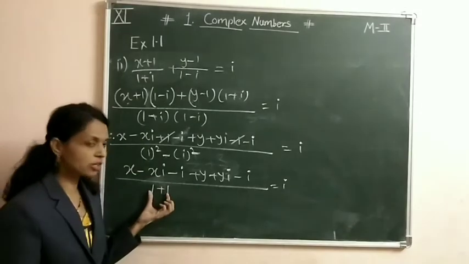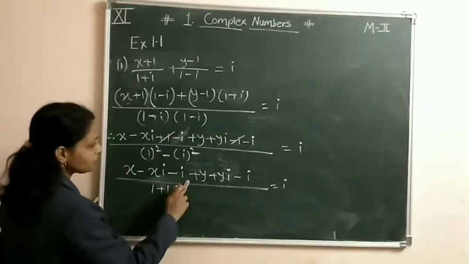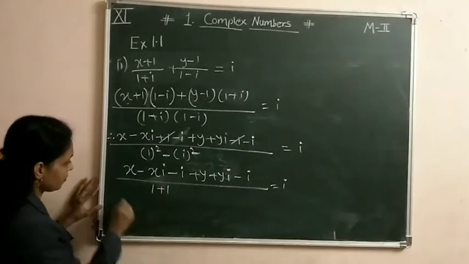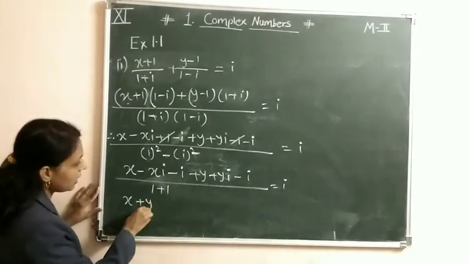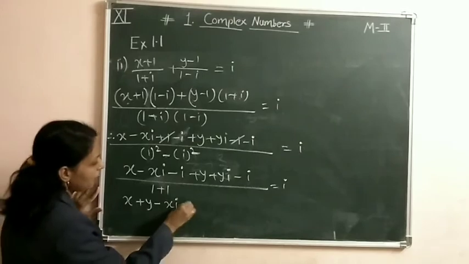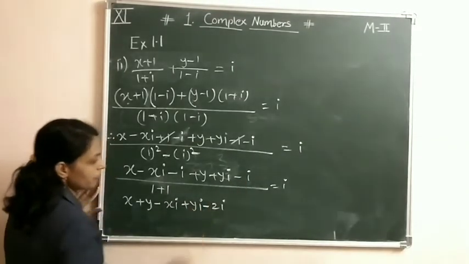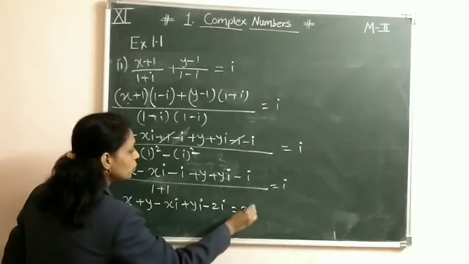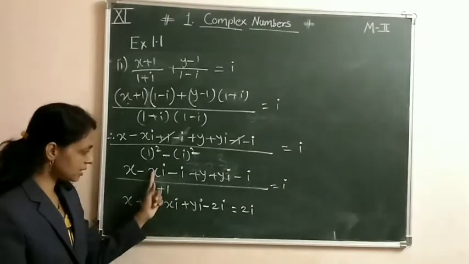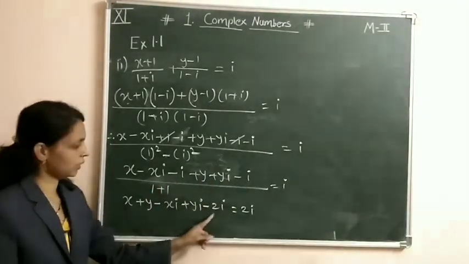See student, when we shift this 1 plus 1, 2, shift this 2 to that side. Okay, now here this negative i and this negative i become negative 2i. x plus y at one end, minus xi plus yi, negative i, negative 2i is equal to 2 into i. See student, x as it is, this y, this xi, this yi, negative i, 2i.